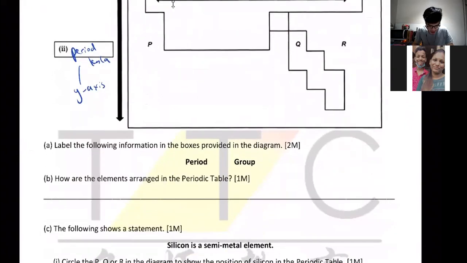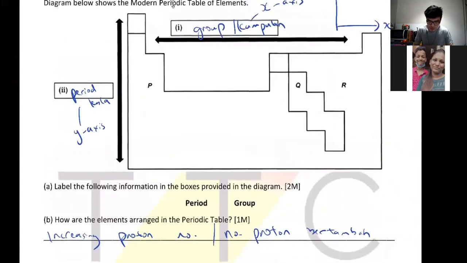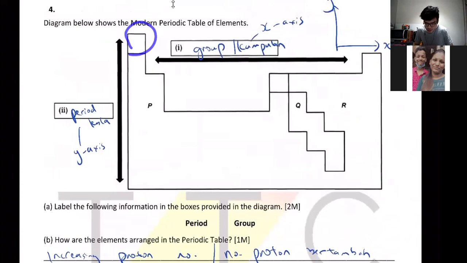So how are the elements arranged? I said this already just now, it is by increasing proton number. Nombor proton bertambah. Bertambah means increasing. So they will arrange 1, 2, 3, 4. Wait, why is this periodic table so weird?